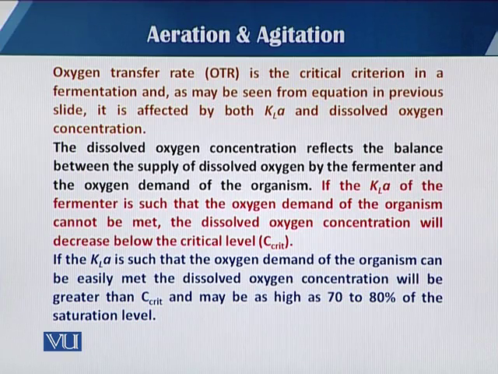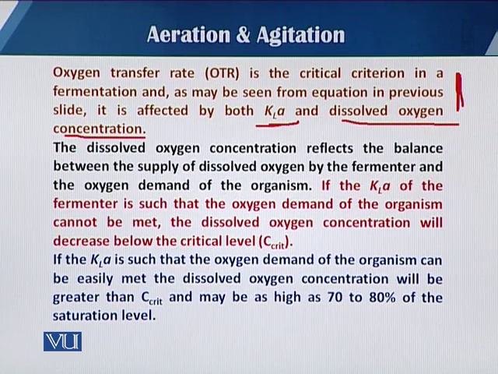So the oxygen transfer rate, termed as OTR, is the critical criterion in a fermentation. In the equation on the previous slide, you can see that it is affected by the KLa. The overall oxygen transfer rate is dependent on KLa and the dissolved oxygen concentration.